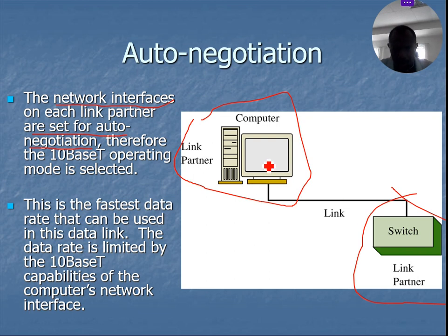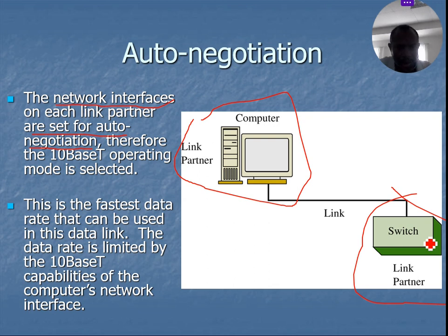Because the capability of this computer is 10BASE-T, and the switch has both 10BASE-T and 100BASE-TX. Since this computer only has 10BASE-T capability, the switch has to adopt its own 10BASE-T to correspond with this one. Whatever this one sends, the link has to accept with 10BASE-T.